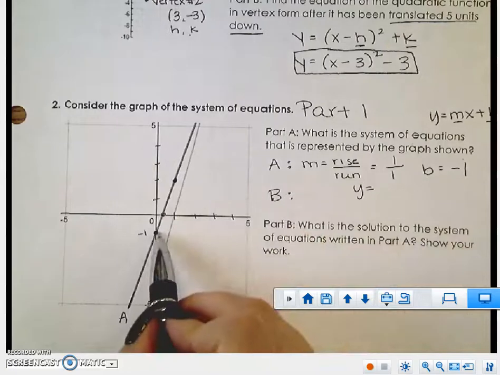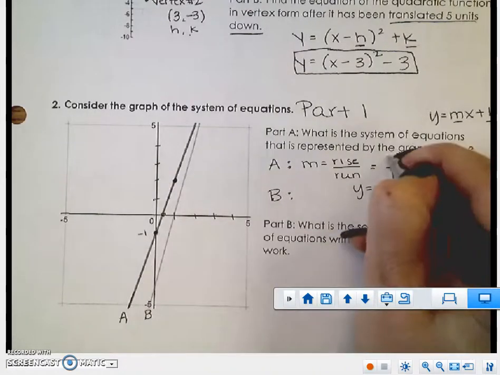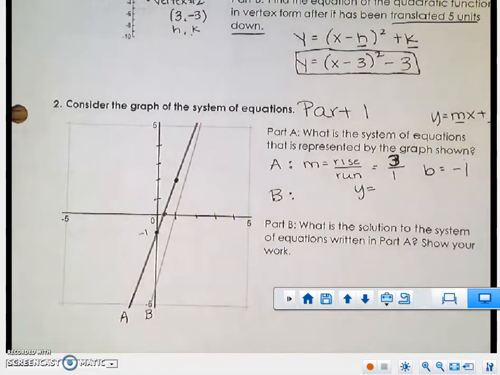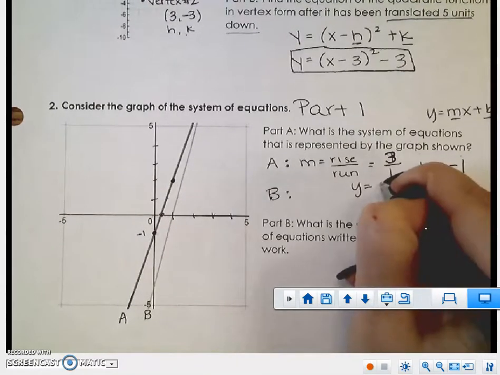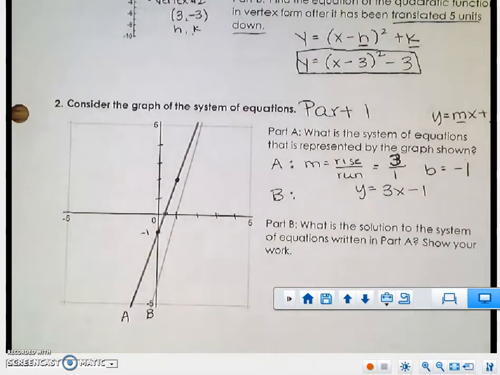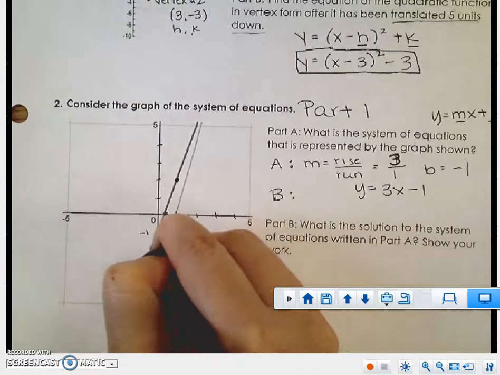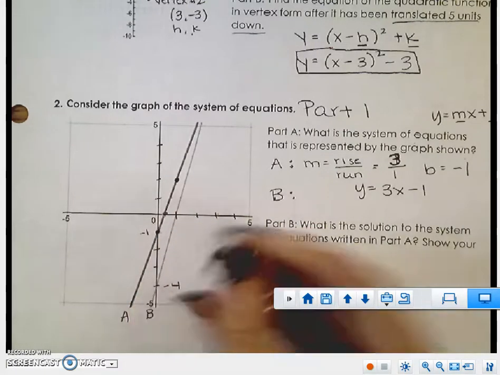So instead of rising 1, running 1, it would rise 1, 2, 3, run 1. Those would be more perfect points. So my slope would be 3, my y-intercept would be -1, so I'd have y equals 3x minus 1.